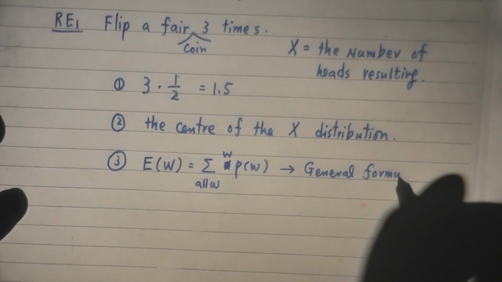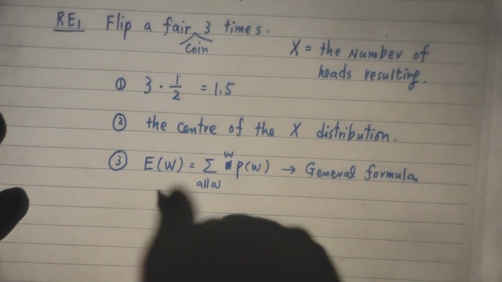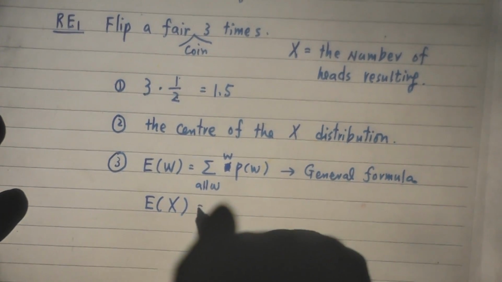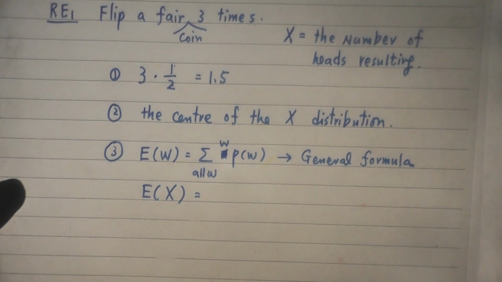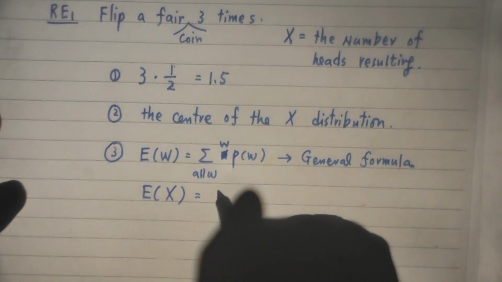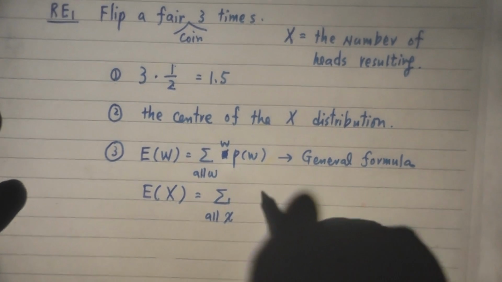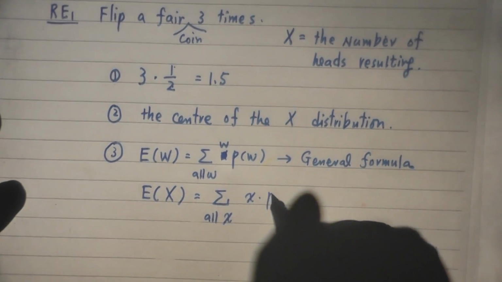In this case, EW I change to EX, the weighted average of all possible values of x, and that is the summation of all possible values of x times p of x.